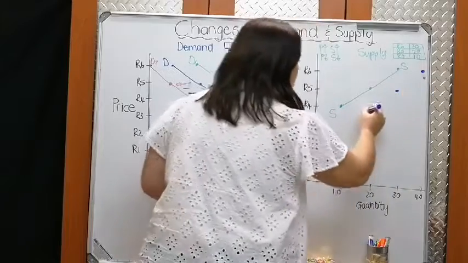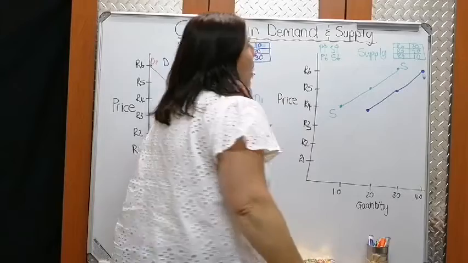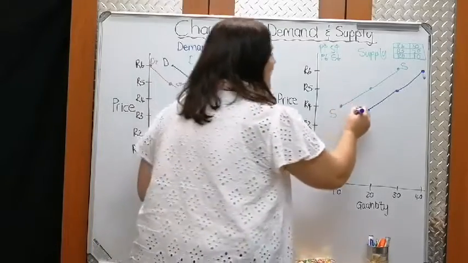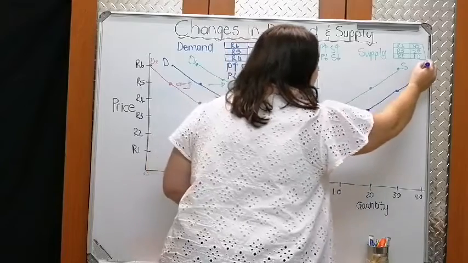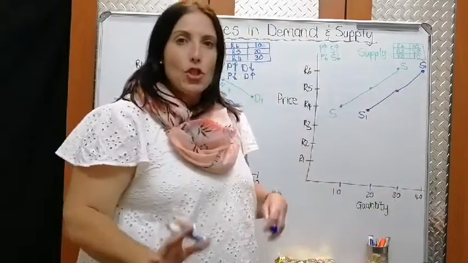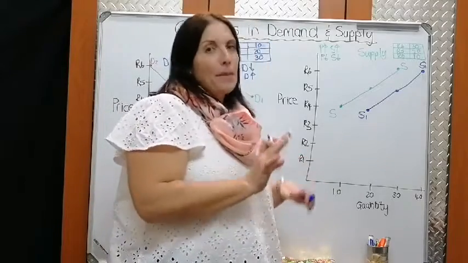So what do we do? We once again connect our points on the graph, and that will be our new supply curve that indicates that supply has changed as a result of factors other than price.